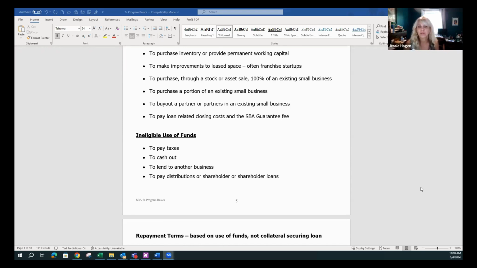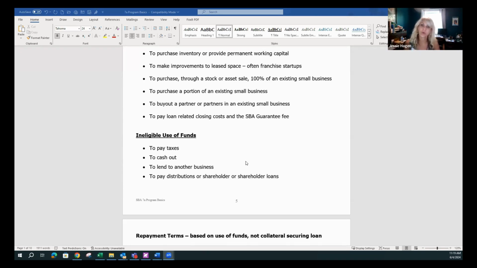Yeah, costs that some people would have to pay out of pocket can be rolled into the SBA loan. What you can't use SBA funding for is to pay taxes, whether they be current or delinquent. Also, if somebody is coming to me saying they want to cash out because they own some real estate that's got equity, that's not an SBA loan.